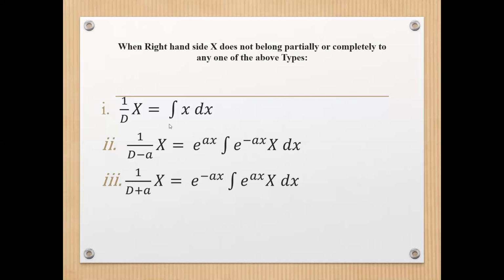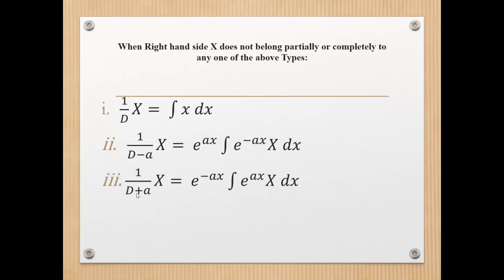This formula is derived from the first order linear differential equation, where we find the integrating factor and so on. By using that method, we have found this formula: 1 upon D minus a of X is equal to e raised to ax integration e raised to minus ax X dx. Same formula, like this, for 1 upon D plus a of capital X. See here, whenever there is a negative sign here, at that time there is a positive sign.